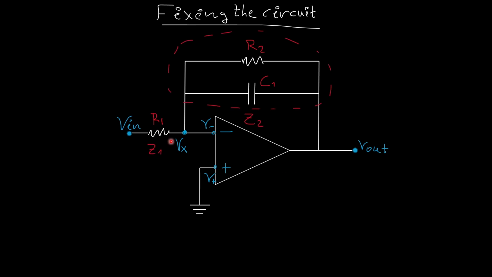And well, I can say that R1 can be written as an impedance Z1. And this part of the feedback loop can be written as a total of Z2. I can write my previous equation as this. And this is the more general equation for the inverting op-amp configuration.